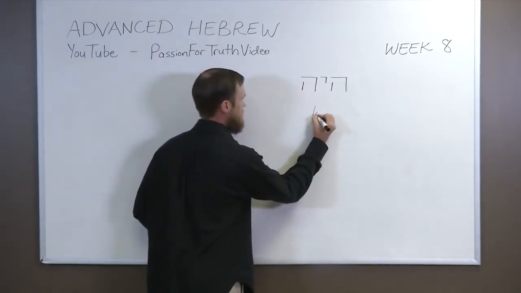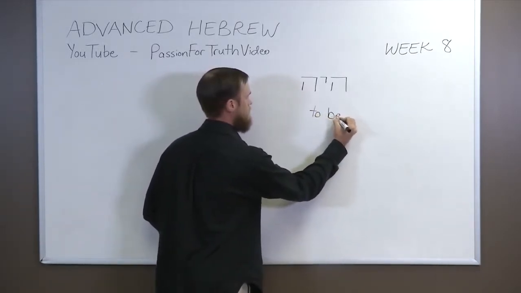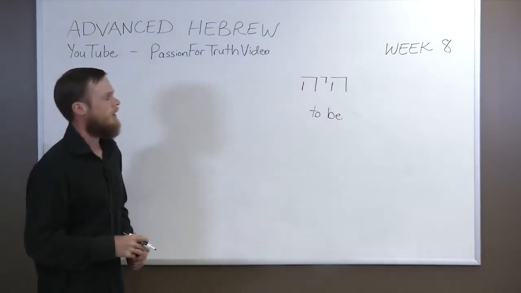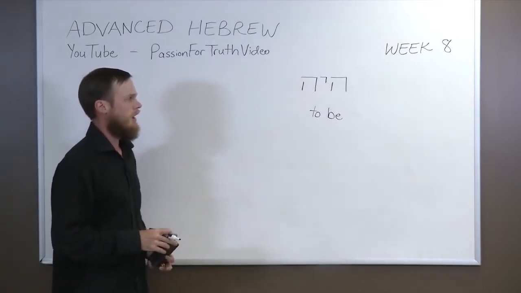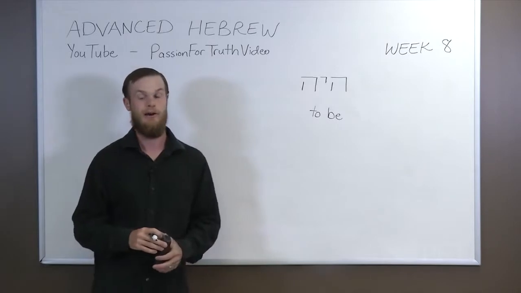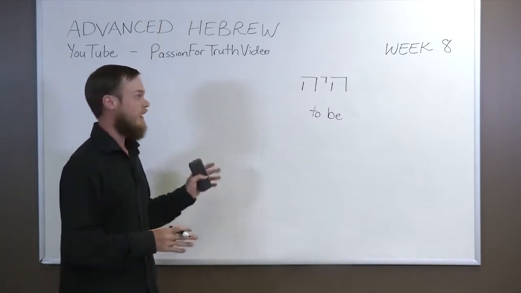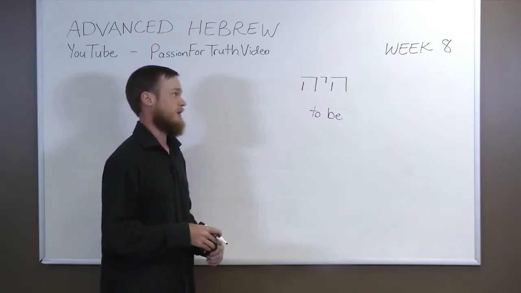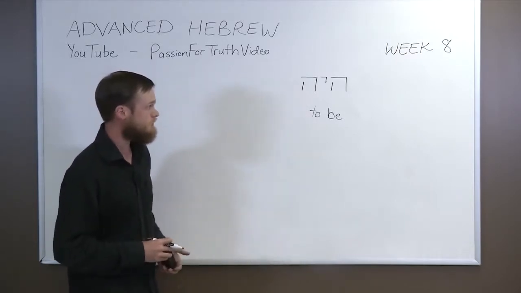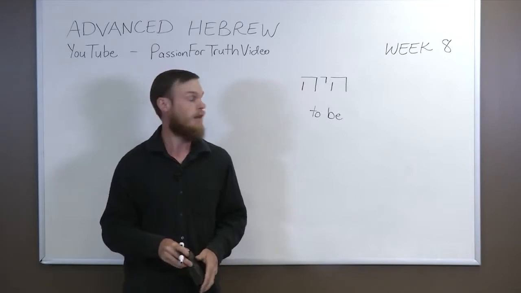It means to be. And in the pa'al, I now have to specify which binyan I'm talking about. I will default to the pa'al, but I'm always going to specify which binyan I'm talking about when I conjugate a verb, because we've got 2 to choose from now.